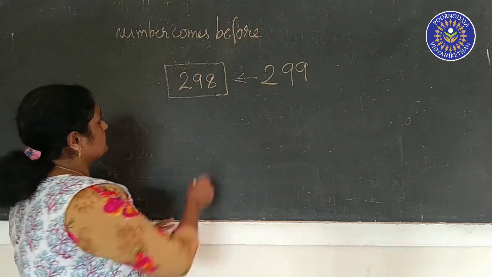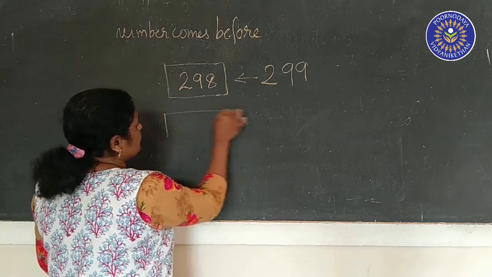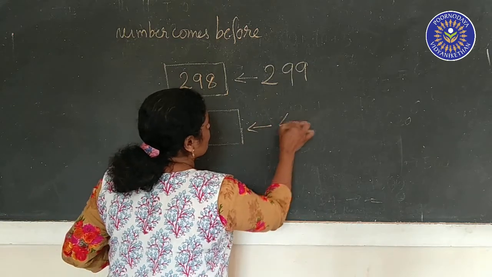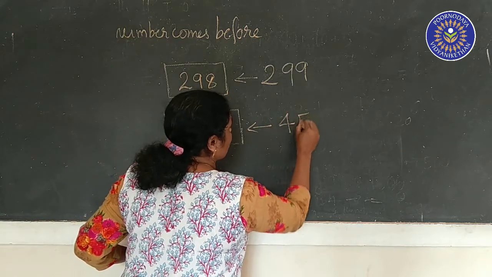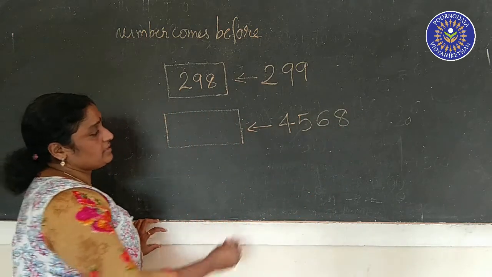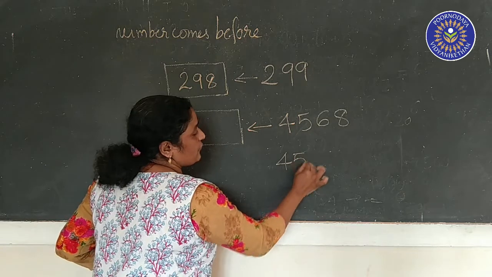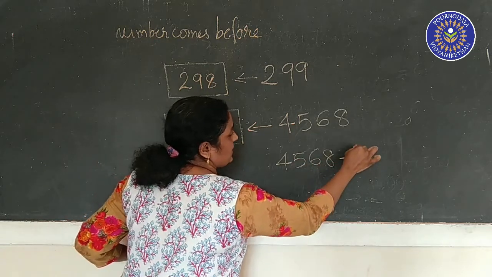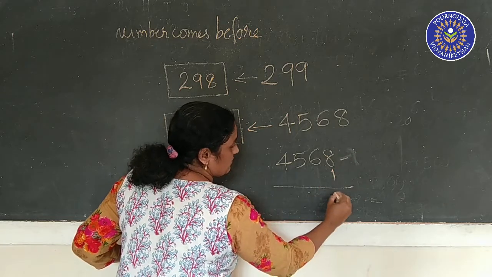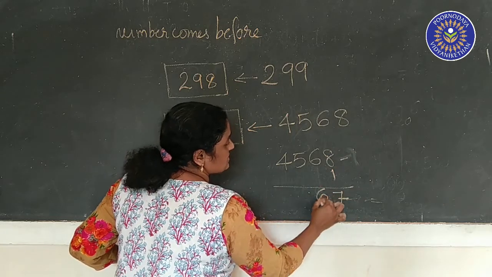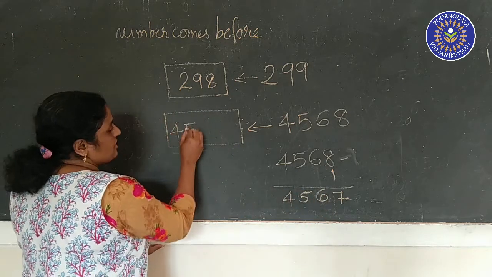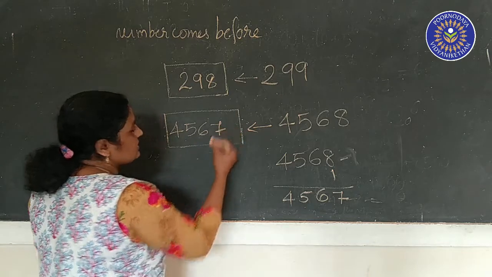Next, the number that comes just before 4568. How will we find it? 4568 minus 1. If we subtract 1, what will we get? 8 minus 1, 7, 6, 5, 4. 4567.